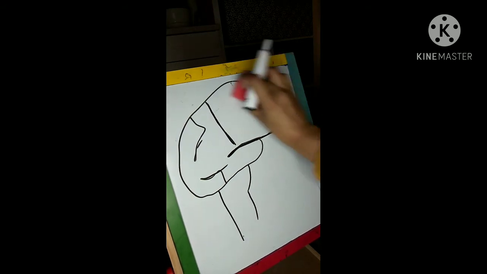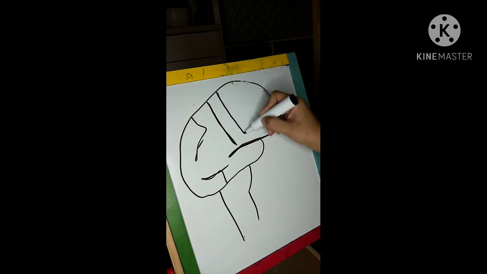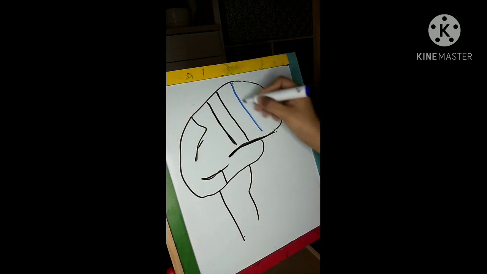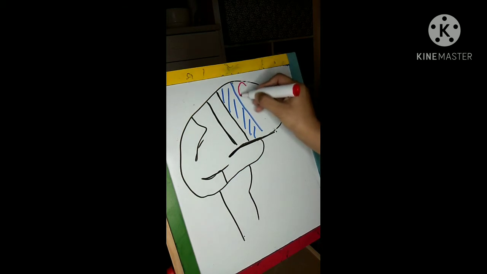Okay, now what I'm doing is trying to make it clear so that you can see what I am making. So anterior to the central sulcus we have primary motor cortex. Then the next area we have is premotor cortex and supplementary motor cortex, that I am showing with the lines. Next I am trying to show the frontal eye field in red color.